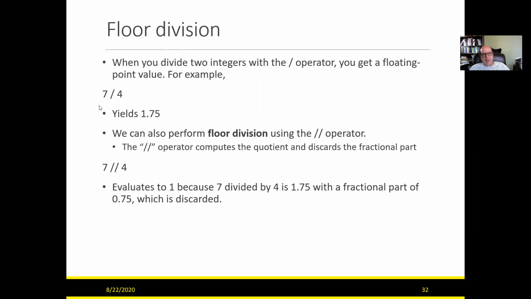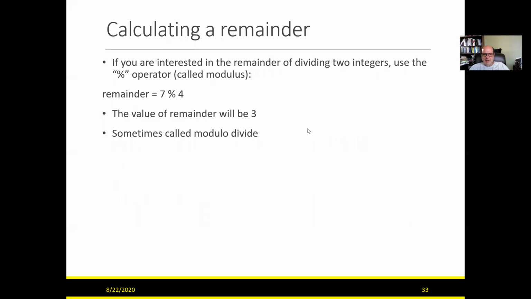So if I put 7 divided by 4, Python is going to give you 1.75. But if I use 2 slashes, then I don't get 1.75. I'm just going to get 1. I'm not going to get any decimal. And that brings us to the remainder, my modulus or remainder, which is just like your C++.